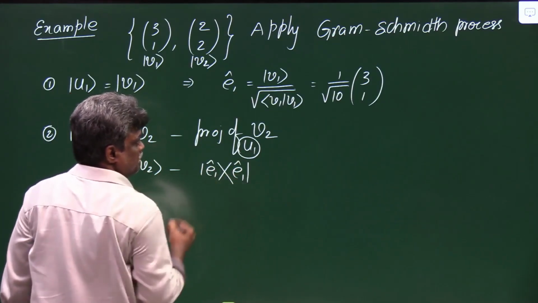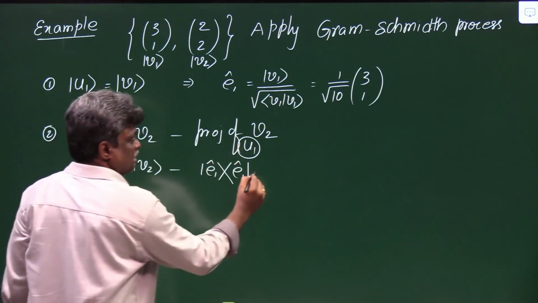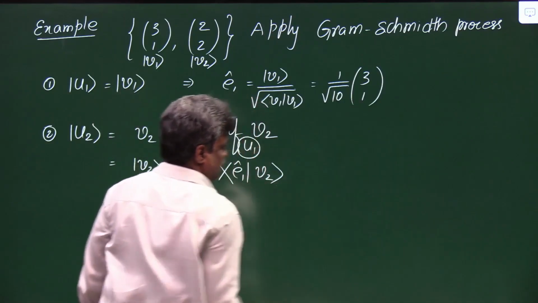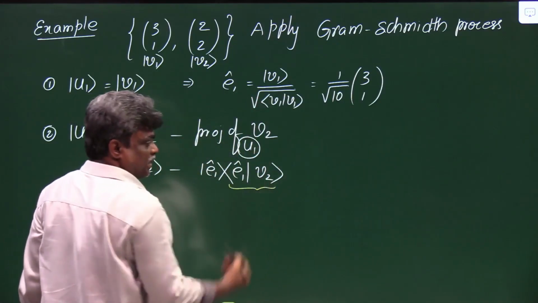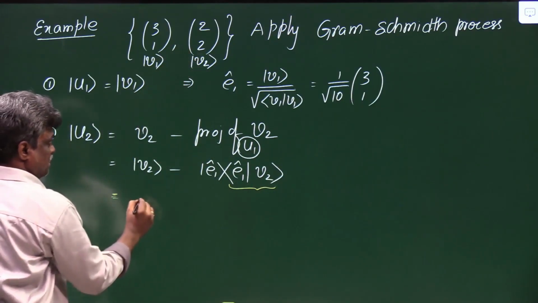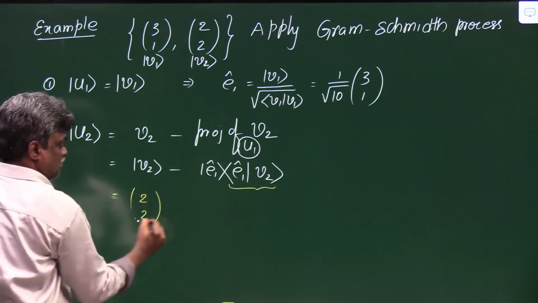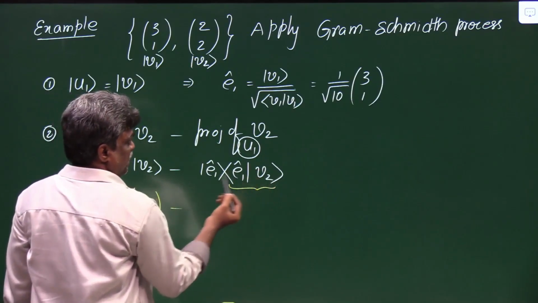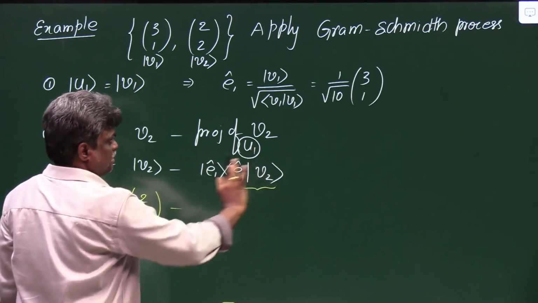So E1 cap, this is the projection operator corresponding to this, operating on V2. And if you see carefully, this is the inner product. Now let us find this V2, given V2 as it is, which is 2, 2 minus, and here we have this inner product. Let us write this in matrix form.